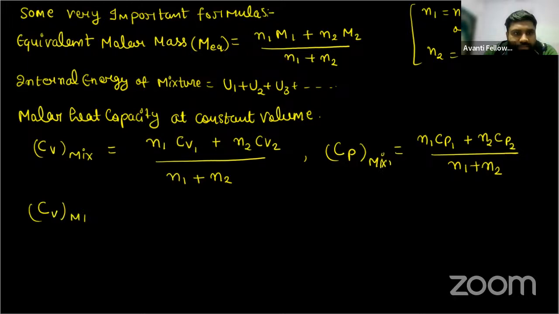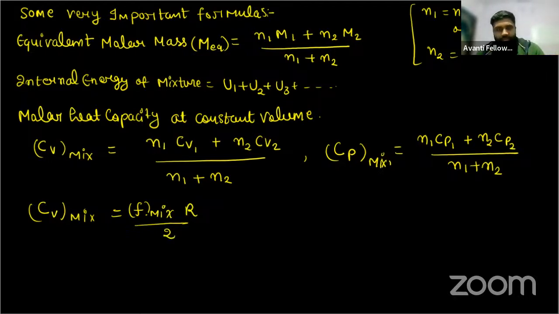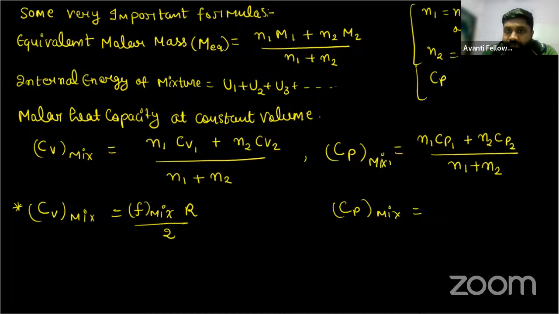CV of mixture is F of mixture into R divided by 2, where F is the degree of freedom of the mixture. Similarly you can write CP. We can also use the relation that CP equals R plus CV.